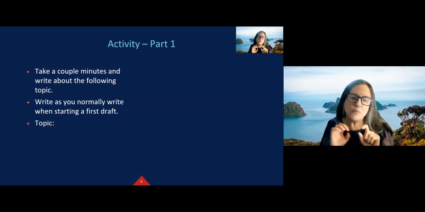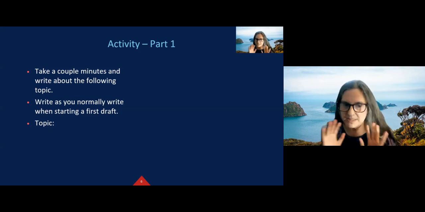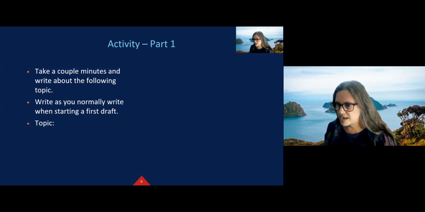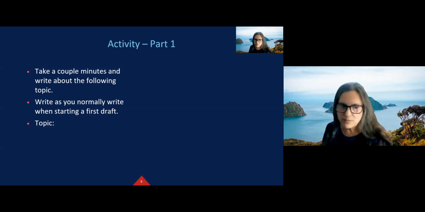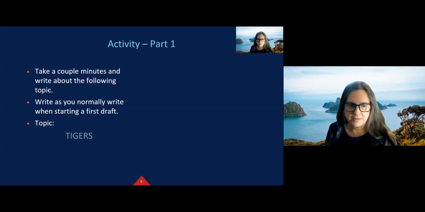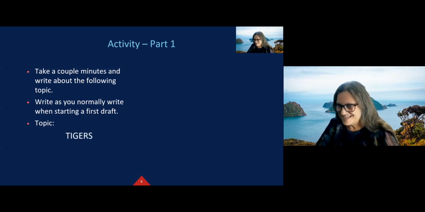But I want you to write as you normally write when starting a first draft, as best you can. Try to replicate what you normally do when you're starting a first draft. And if you're not sure, just guess and just start writing and see what happens. Okay, so here's the topic: tigers. So just take a couple minutes just to write about tigers.